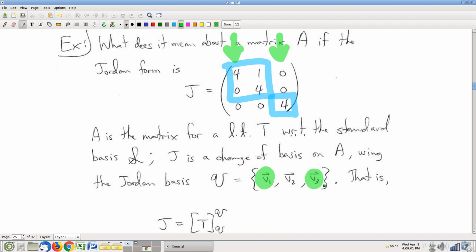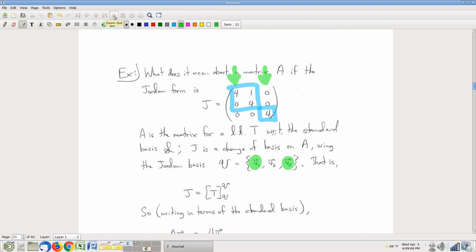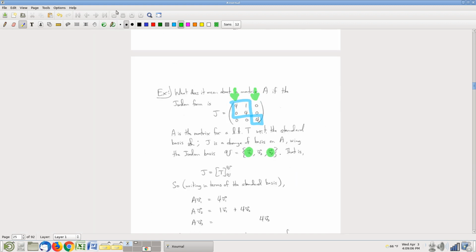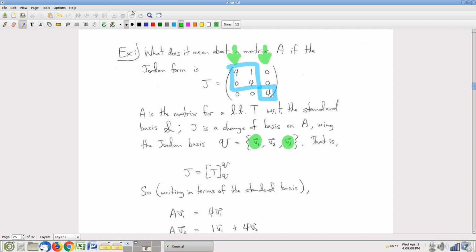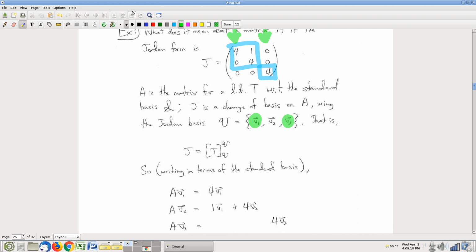Third vector is an eigenvector. You can see what that looks like in the equations. That first column is that equation. You can see right there it's an eigenvector. Right? The third column is that equation, and again you can see right there that that's an eigenvector.